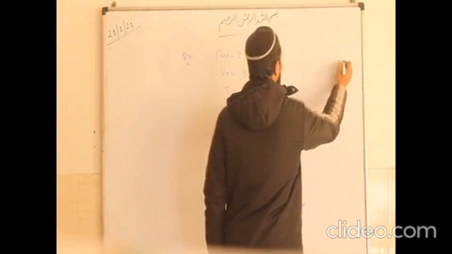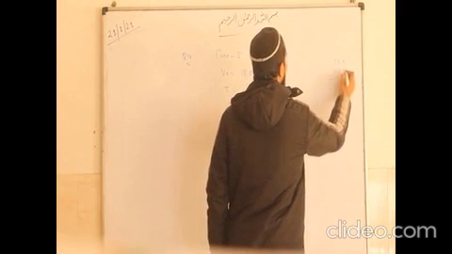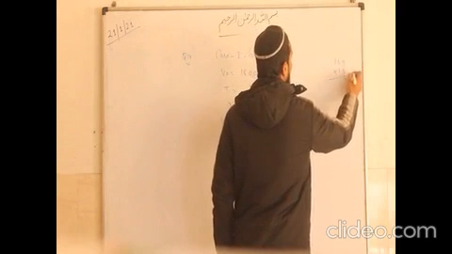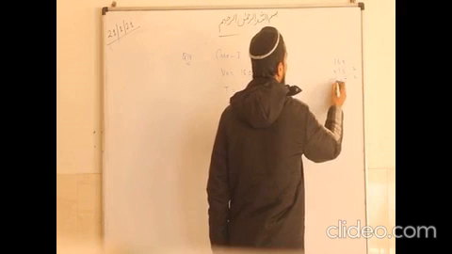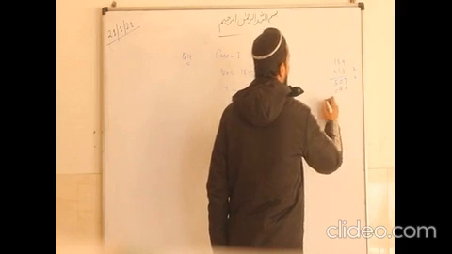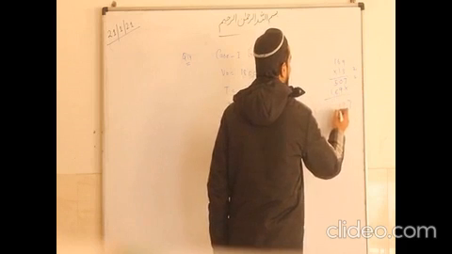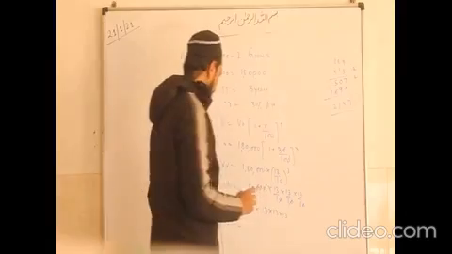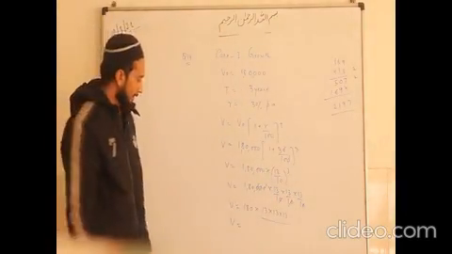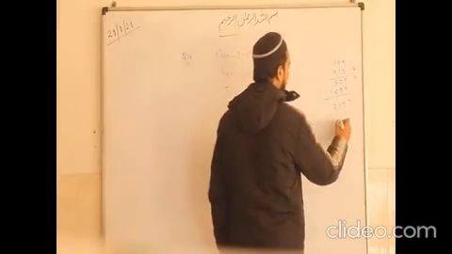13 times 13 is 169, times 13. And this is the value of 13 cube, 2197, and now we are multiplying this by 180.